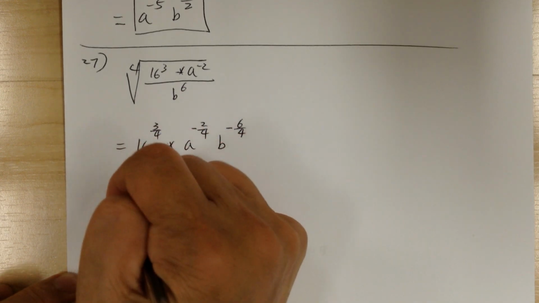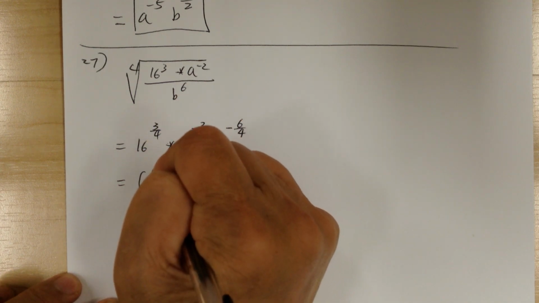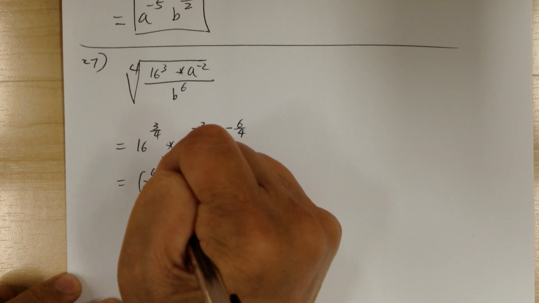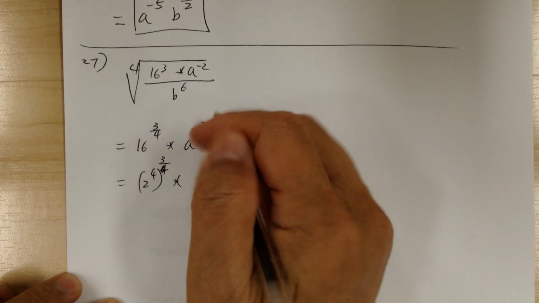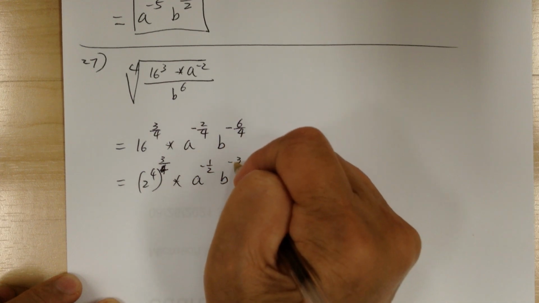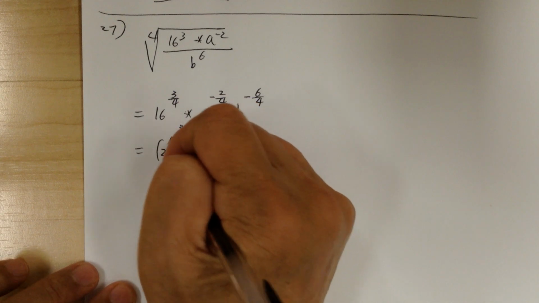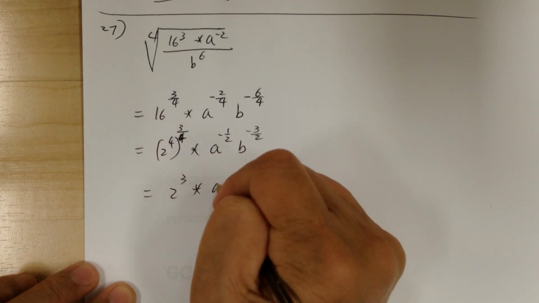Now the 16, I'm going to make into 2 to the 4. Right, 16 is 2 to the 4. And I can simplify as I go along. So this is a to the negative 1 over 2, b to the negative 3 over 2. Now the 4 and 4 will cancel out, so this becomes 2 to the 3 power.